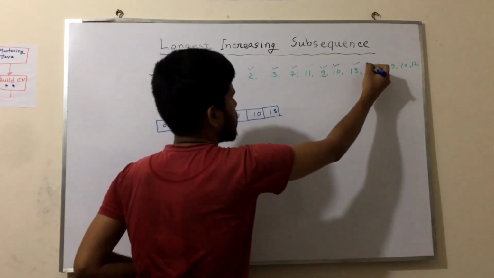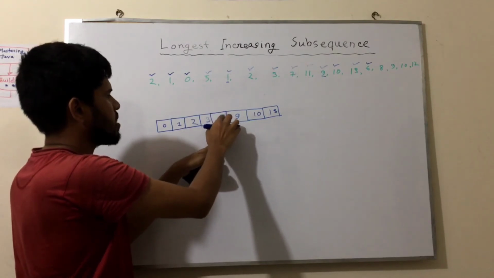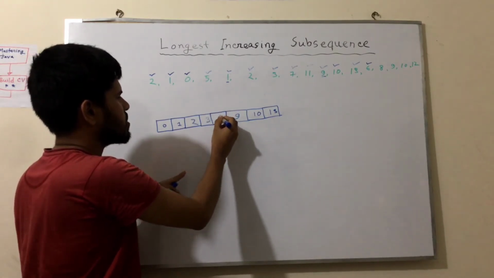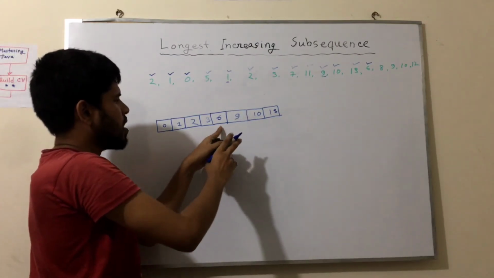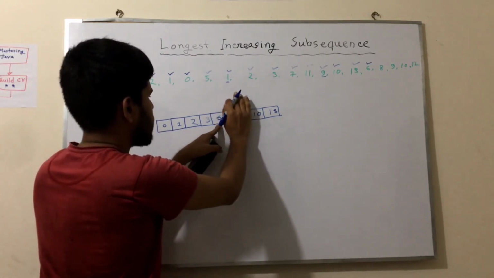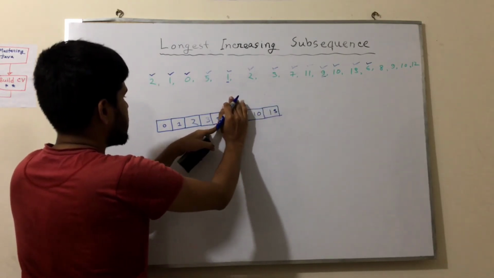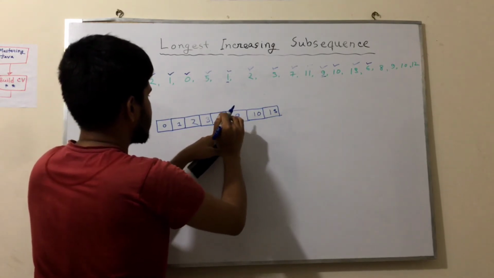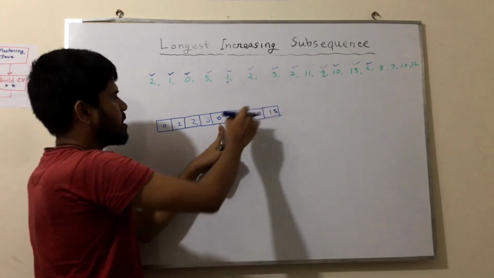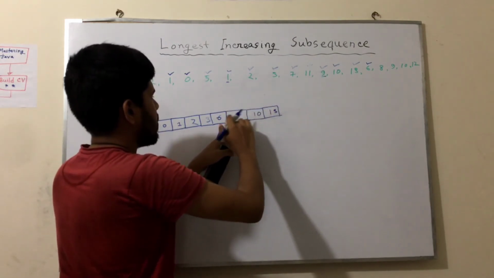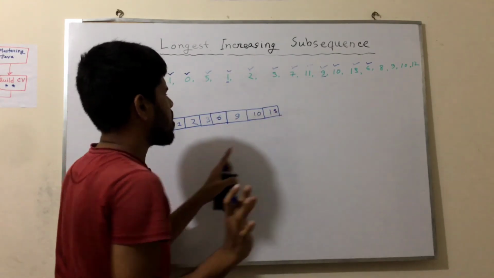Now we have 6. We have to update the immediate next of 6, so the 7 with 6. We're updating this because at this point, including this 6 and forgetting about the right, all the elements on the left maintain the relative order, and if we update the value 7 with 6, then it's no problem.